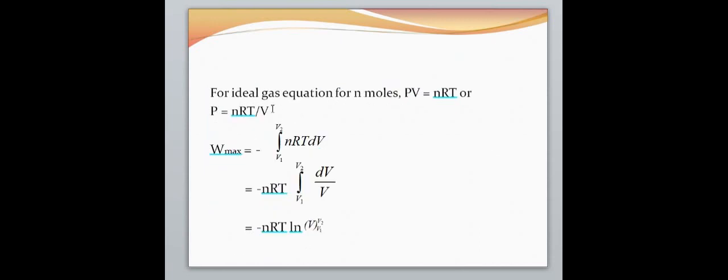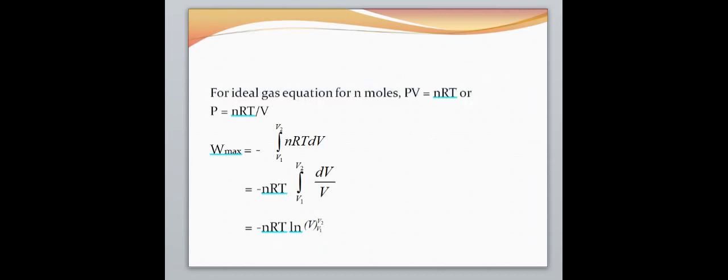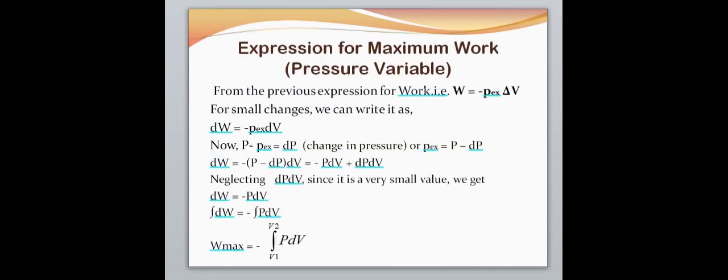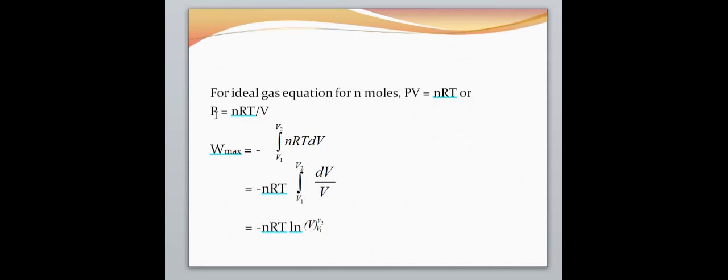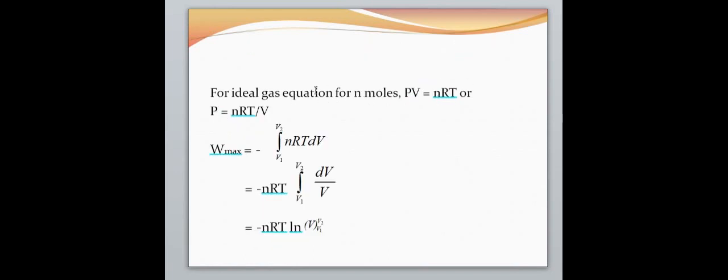What do I get? For the ideal gas equation, what do I know? Remember we did this equation PV is equal to nRT last year. Ideal gas equation. If I replace that in this equation, that is P dV, what do I get? I can only replace this P. How?